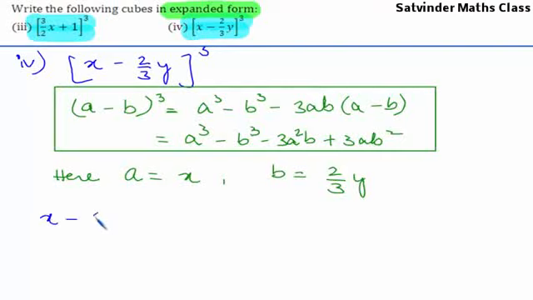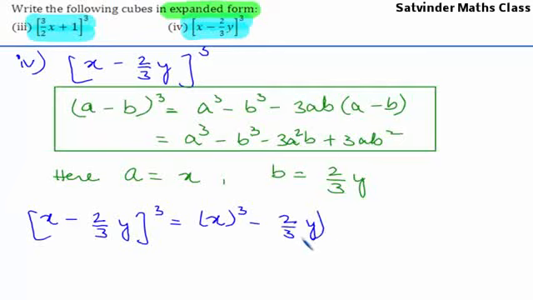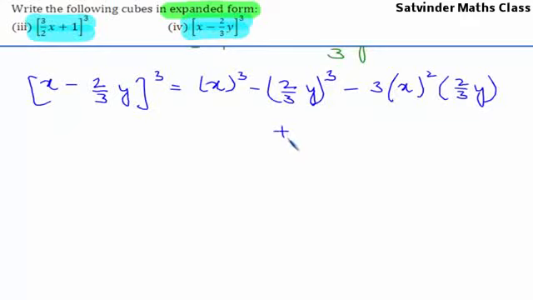We have (x minus 2 by 3 of y) whole cube is equal to a cube, that would be x whole cube, minus b cube, which would be (2 by 3 of y) whole cube, minus 3a square b, that would be 3 into x square into 2 by 3 of y, plus 3ab square, that would be 3 into, instead of a let's put x, instead of b let's put (2 by 3 of y) whole square. This is x.